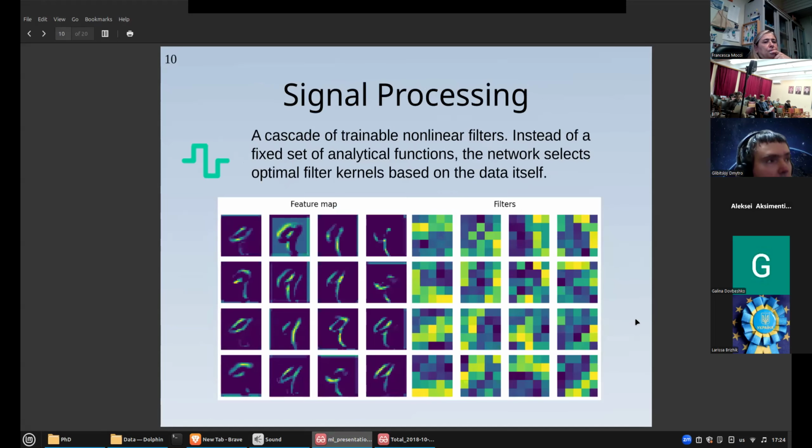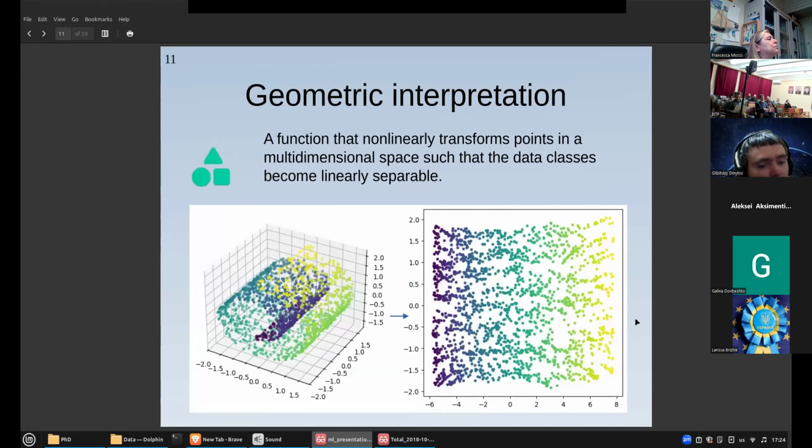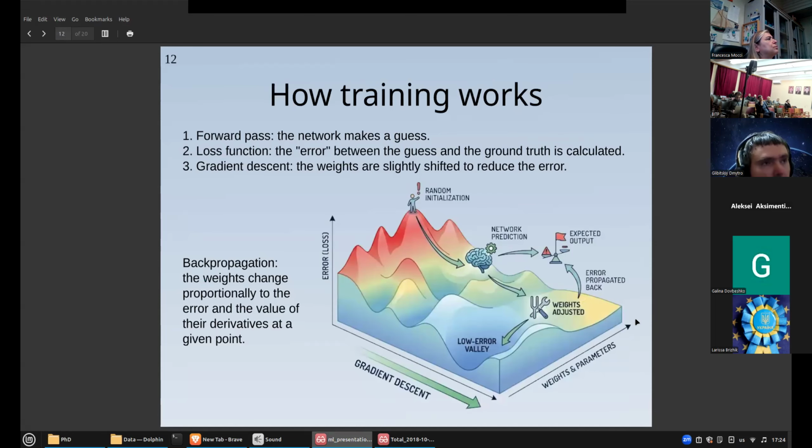Nowadays, they are often viewed as cascades of trainable signal processing filters, or as nonlinear transformations of state space, which geometrically represent the relations in the data. Such models are trained using an optimization process, which is usually gradient descent. In this way, the weights of the network are gradually changed to reduce the prediction error.